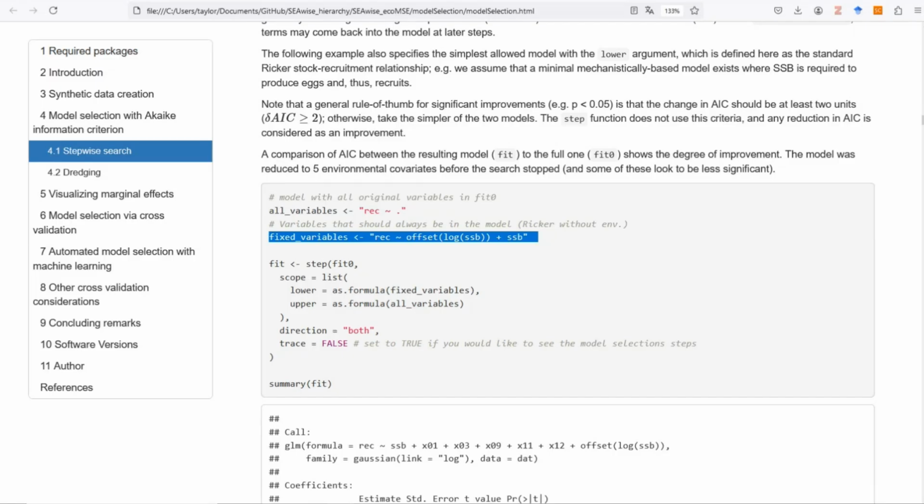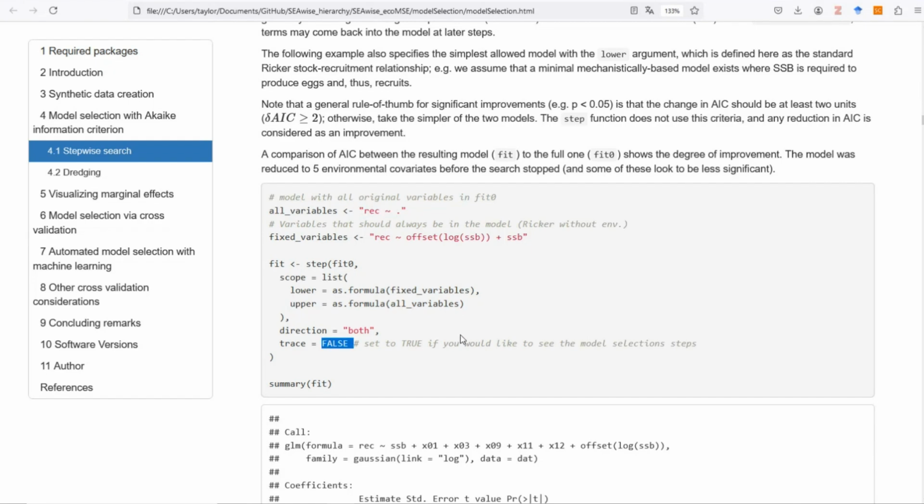So it's not going to remove SSB or the offset or the intercept. That's always going to stay in the model no matter what. And as long as we define that, and we've defined the upper, which is the starting model using all of the covariates, then it should work backwards. And this is quite fast.